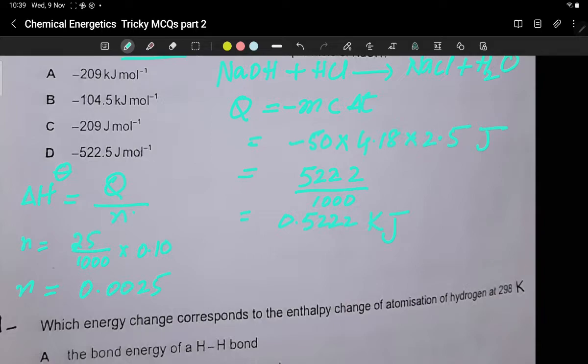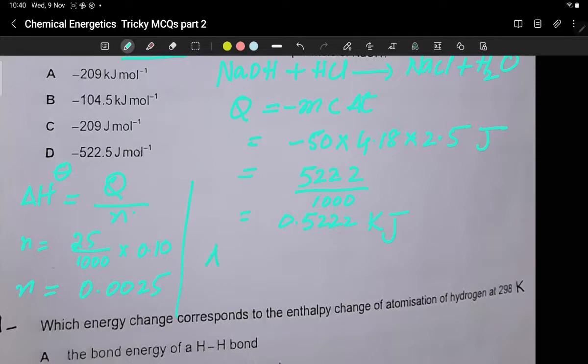So let's check: 25 divided by 1000 into 0.1 is equal to 0.0025.